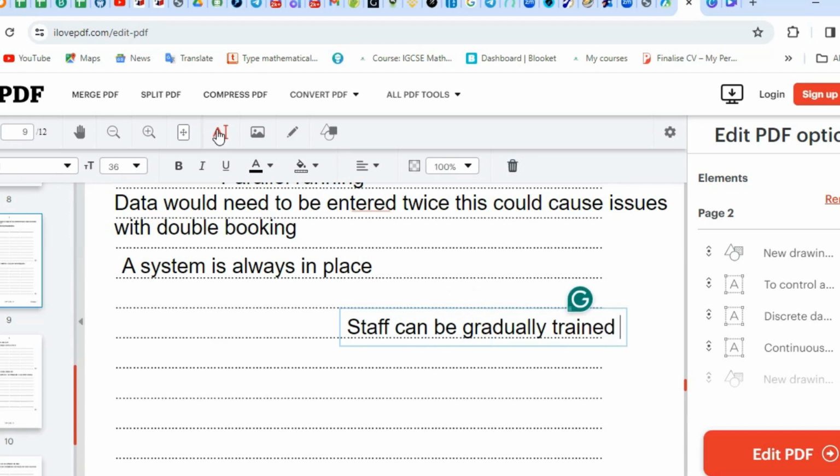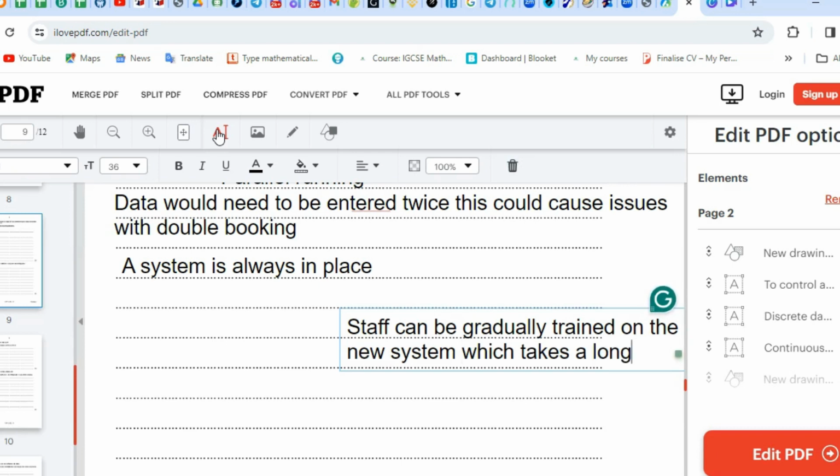Staff can be gradually trained on the new system, which takes a longer time. All right, so we are going to stop with these three.